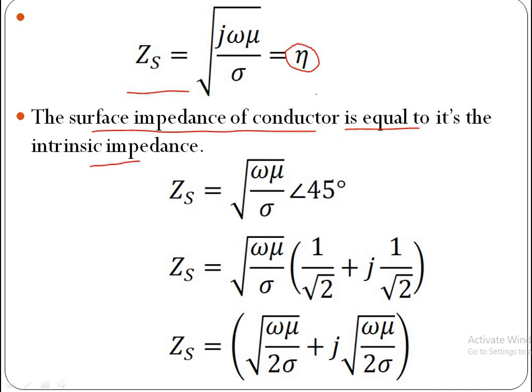Already I explained previously, this root j can be written as e power j pi by 4.